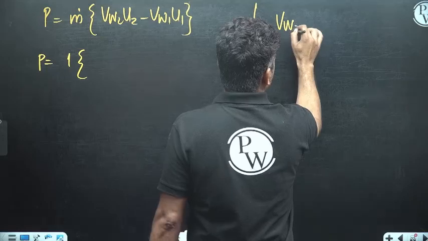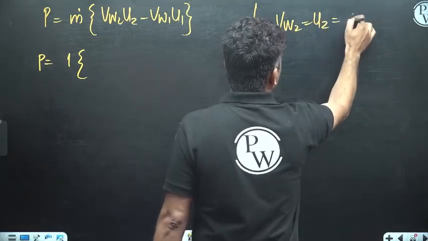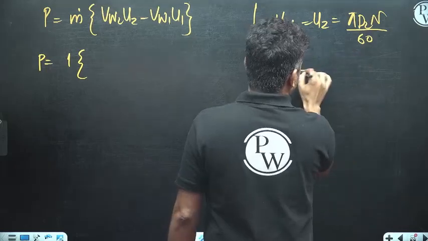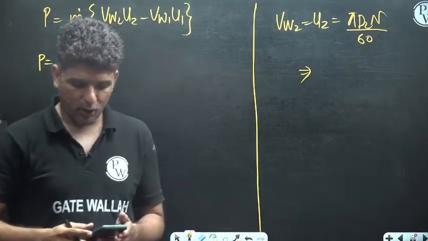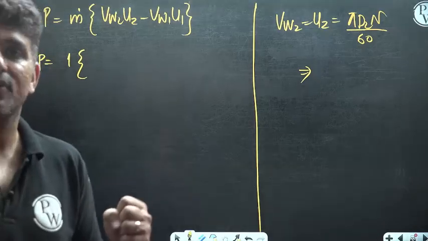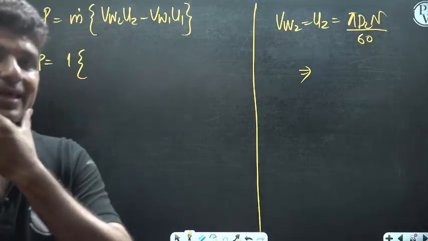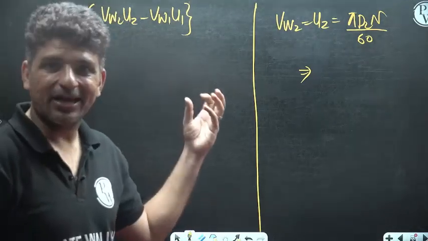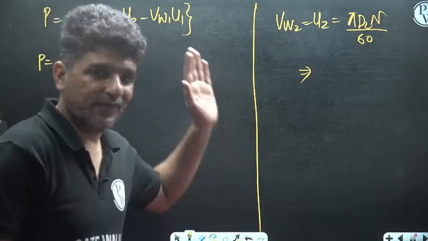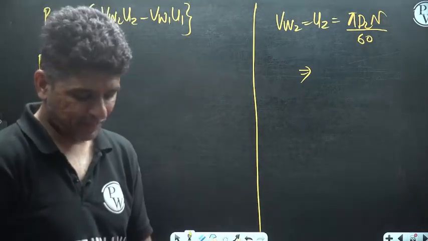We know that VW2 will be equal to U2, that is pi d2 n divided by 60. Since he has not given anything about whether the impeller is radial, backward curved or forward curved, we will assume that the compressor is radial.